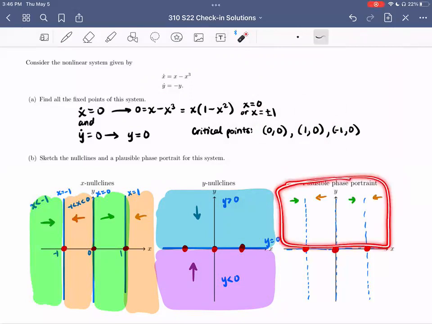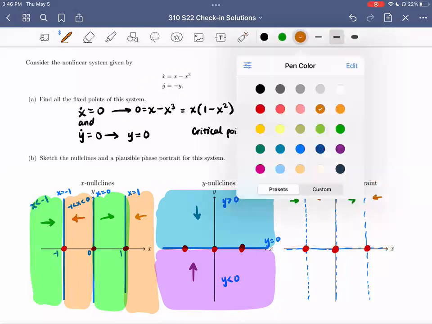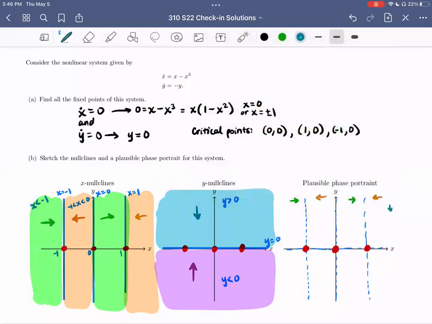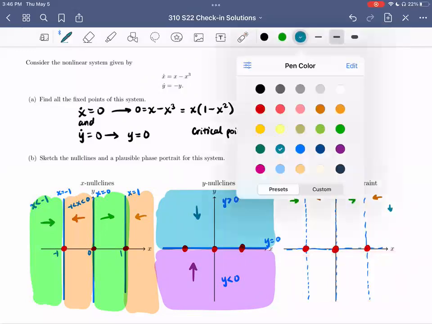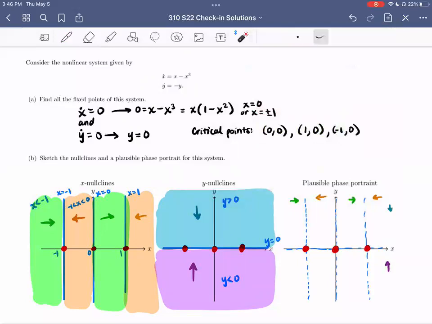In the entire upper half plane, my solutions should be moving downwards. And in the entire lower half plane, the solutions should be moving upwards. So what I want to do over here is combine all of these behaviors. In this region, I want to combine a rightward motion with a downward motion. So my trajectory should be doing something like that.